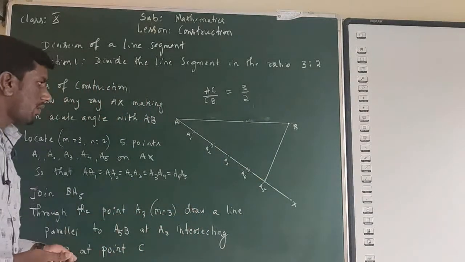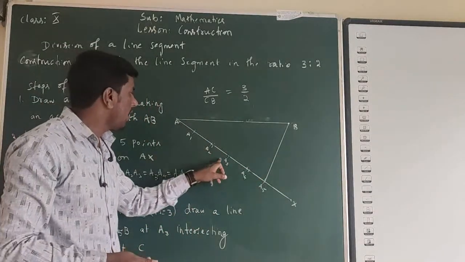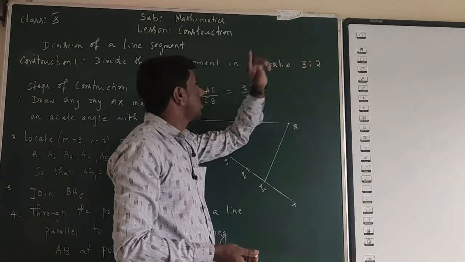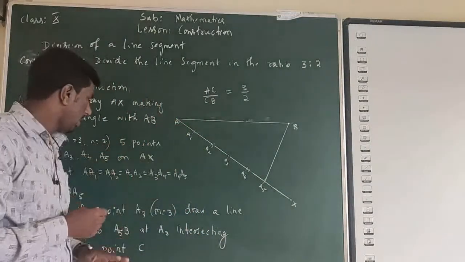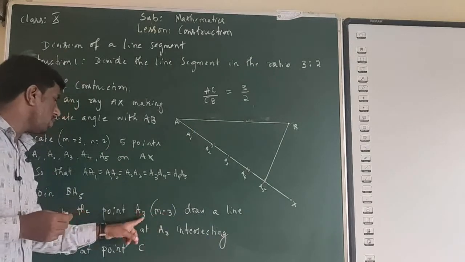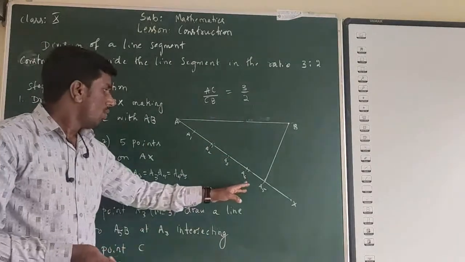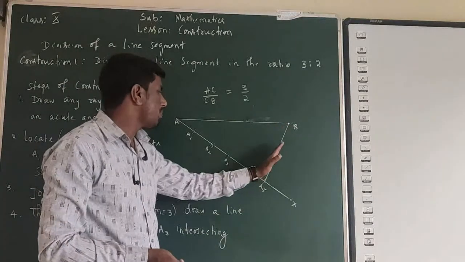Why should I choose only A3, not A2, A1 or A4? Because the ratio is 3:2, I need to divide into 3 parts, so m is equal to 3. I need to choose A3. From A3 you should draw a line parallel to A5B.